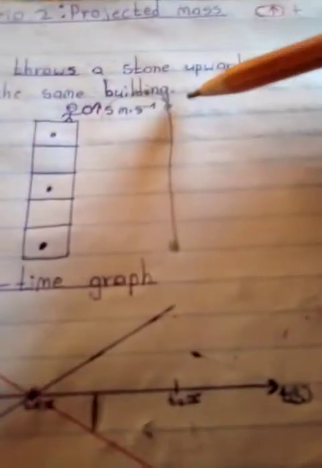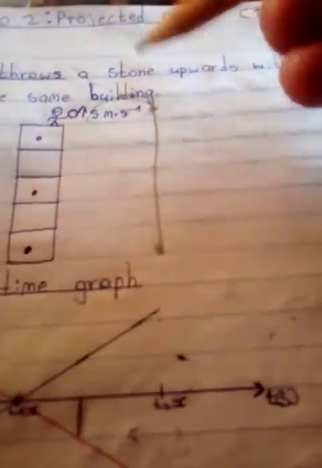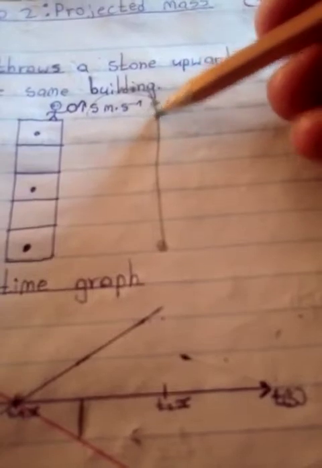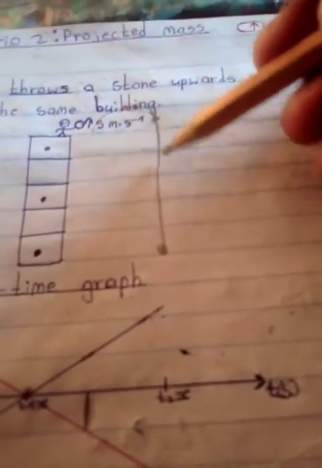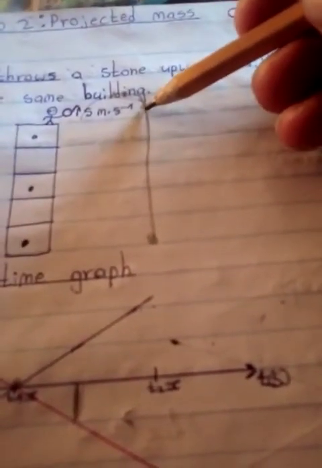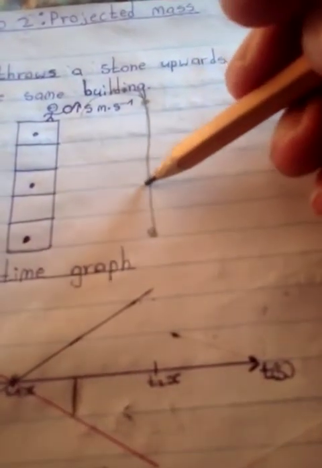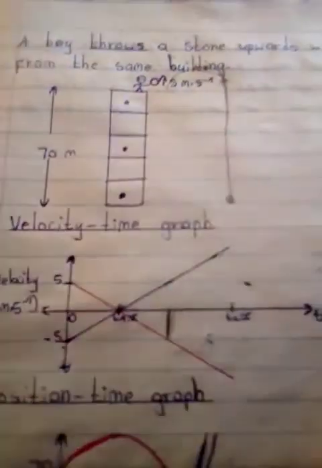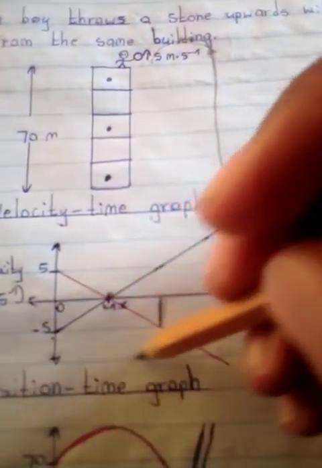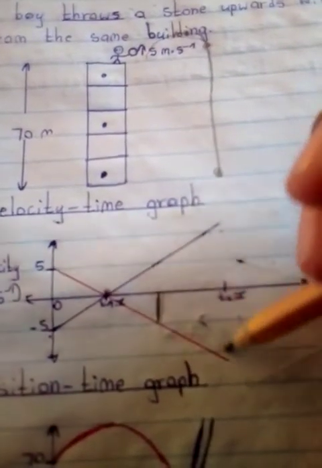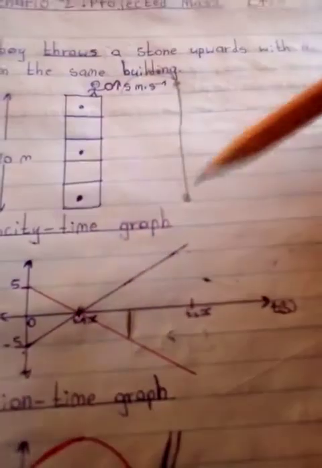After that, it's going to fall down here with the speed increasing. We're going to start from -5, -6, -7, -8, up until a negative number here where it stops. It will hit the ground and stop moving.